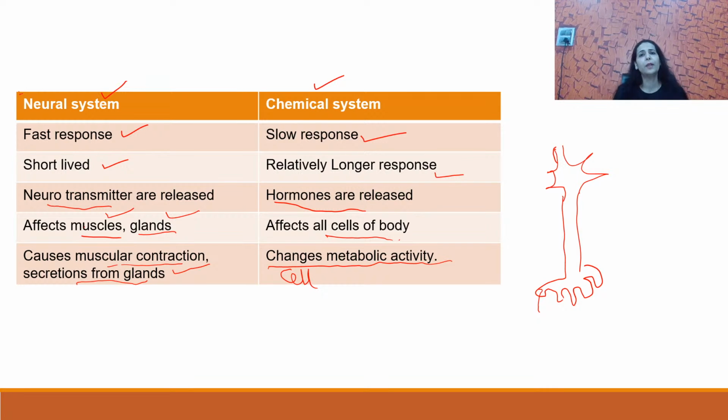In case of neural, the effector is muscle or gland, whereas in the chemical case, entire body cells are under the control of it. Neural response causes contraction of muscle and secretion from glands, whereas chemical causes metabolic change within the cell. On whatever cells it is acting, it causes metabolic changes in it.